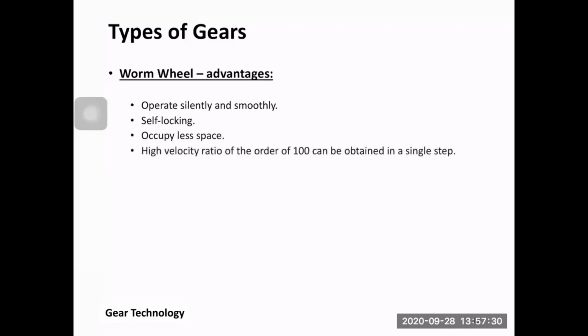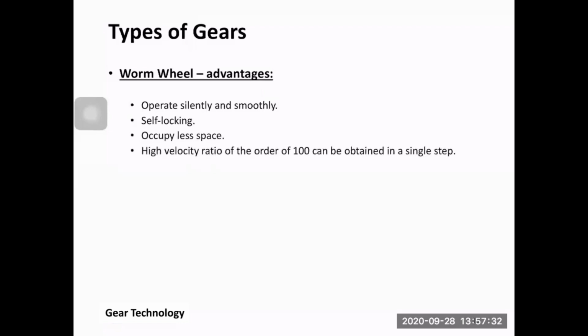Of course, there are some advantages. They operate silently, smoothly. They are self-locking. Self-locking means that it just rotates, and if the rotation stops, it does not rotate in the opposite direction. Okay, so it locks. It's like a brake applied to the two gears. They occupy less space.